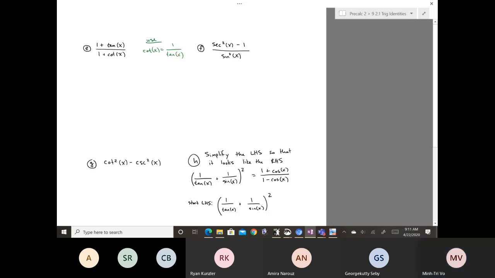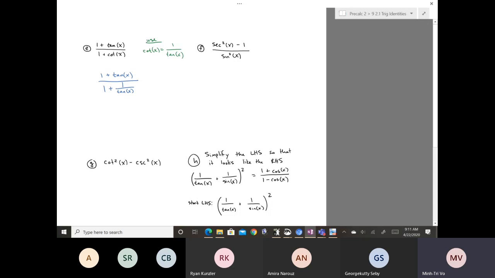Okay, so let's write it out. What do we have? The numerator stays the same because it's already tangent. And now I can write the denominator in terms of tangent. So now I have 1 plus tangent over 1 plus 1 over tangent. Everything is in terms of tangent, and now I have to simplify this.